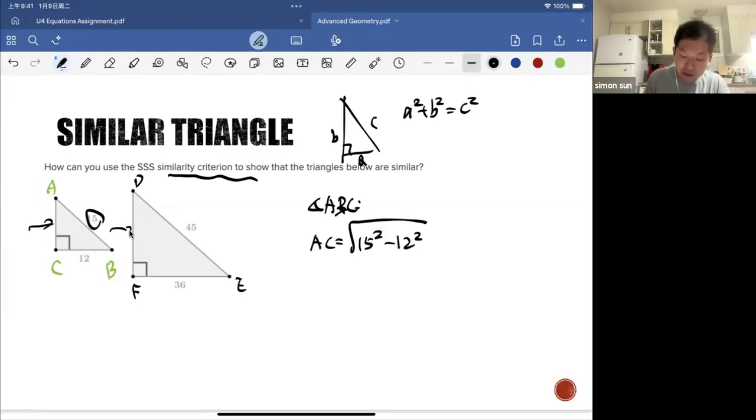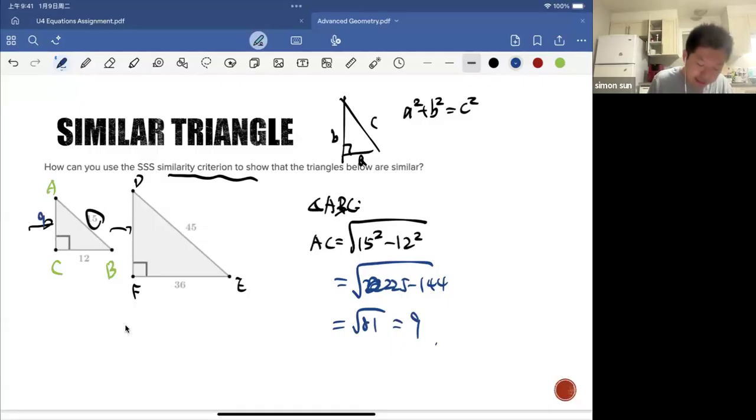If you calculate this, 225 minus 144 is the square root of 81, which is 9. So this side length is 9.